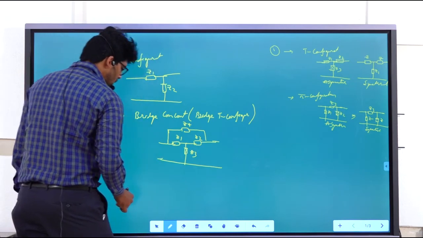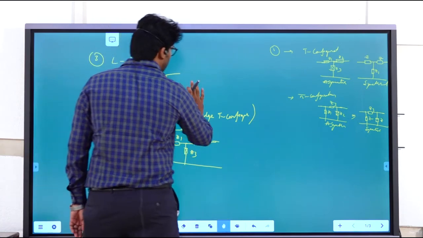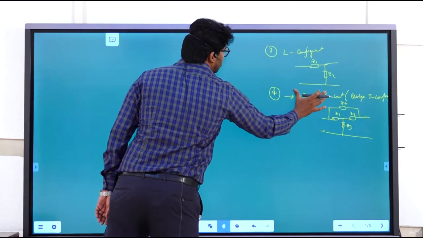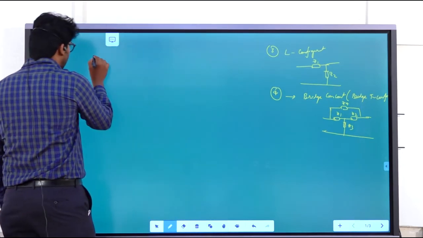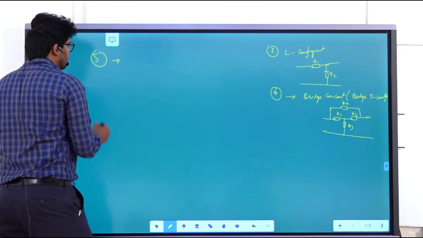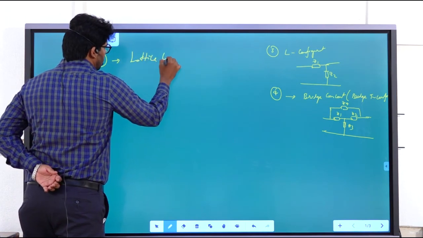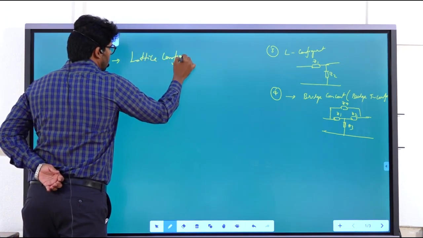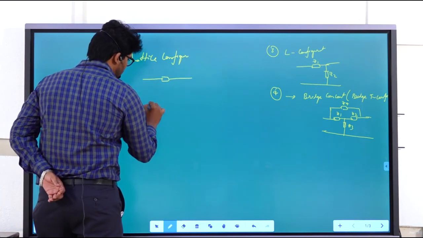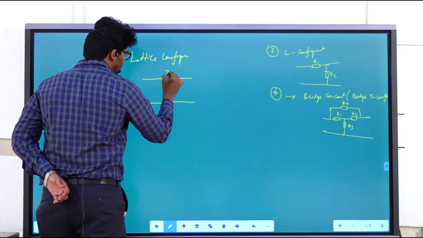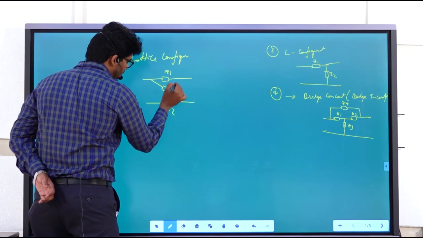Now you have another configuration, the fifth configuration, which I am naming the lattice configuration. In the lattice configuration, you will have series branches like this, let us say Z1 and Z2, and we have parallel arms.